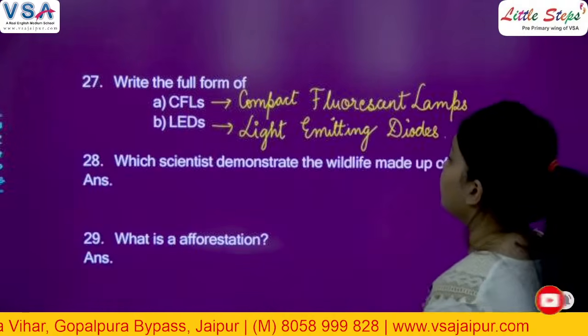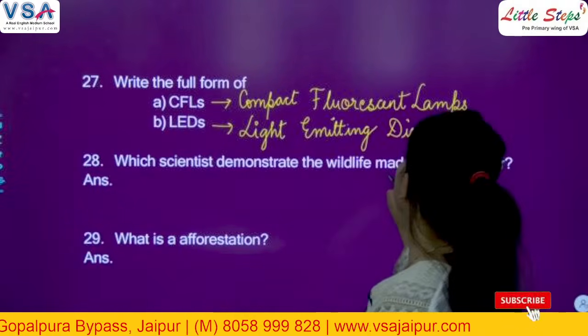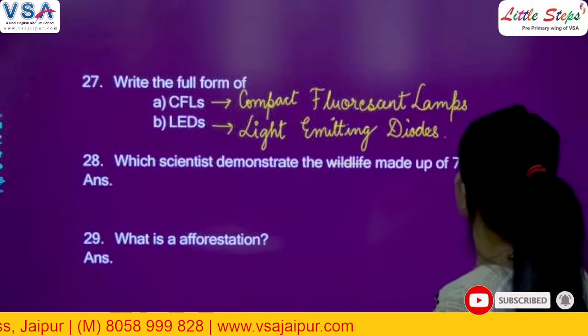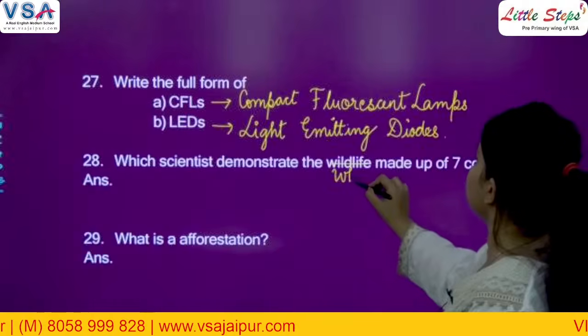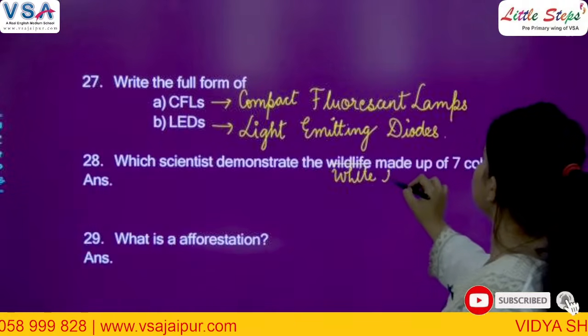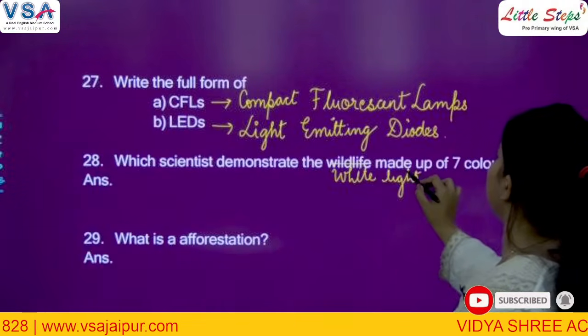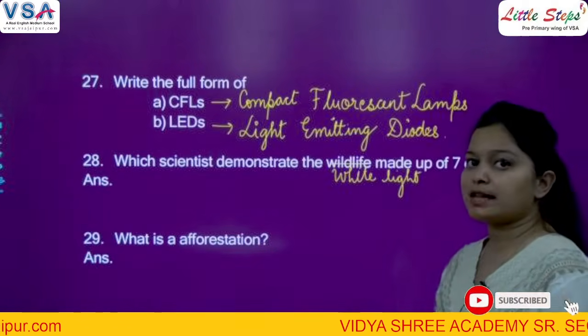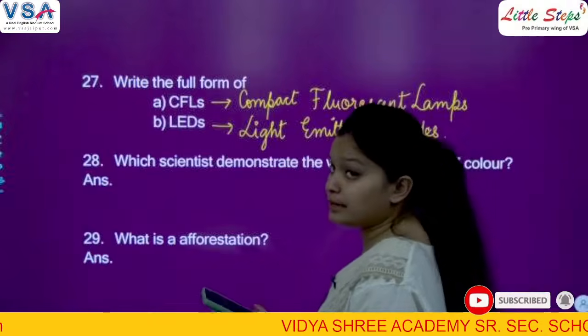Very good. Which scientist demonstrated that white light is made up of 7 colors? कि जो white light है वो 7 कलर से मिलके बनी है. ये सबसे पहले किसने पता लगाया था?